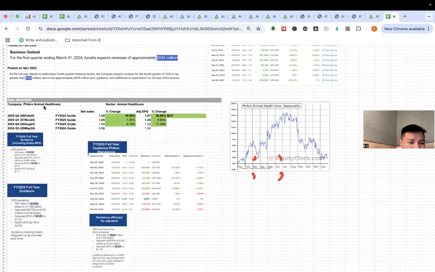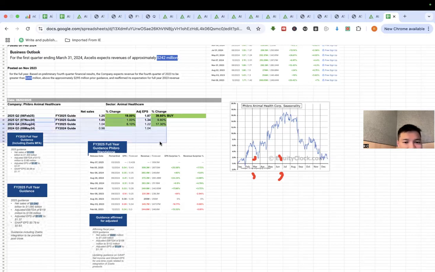Fibro animal health care. What am I looking at? So this is up 39%. It looks like that has never happened before. So maybe we'll just buy this. Let me see the difference. It's going to be what? 1.25 minus this 1.4. Hmm.